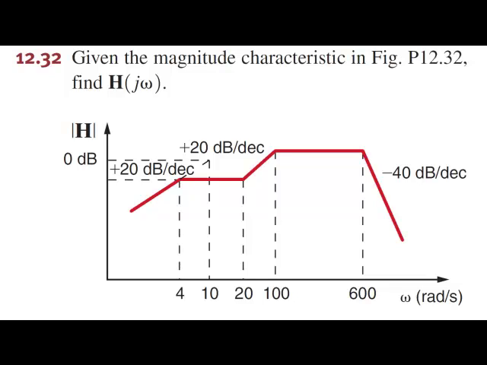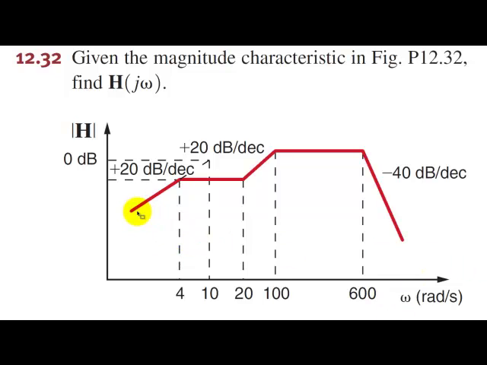The next question is the other way around, where we are given a Bode plot and have to write a transfer function. You can see that the breakpoints are 4, 20, 100, and 600, and you have to look carefully at the slope, whether it is positive or negative.